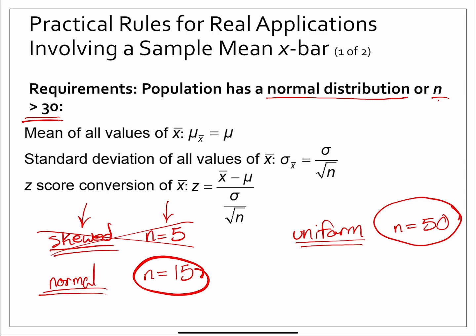So we met one requirement here. In the previous example we met the first requirement, but in the skewed example we met none of the requirements. That's why that one didn't work. So again, one of these two requirements: either it needs to be normal or our sample size, which is n, has to be greater than 30.